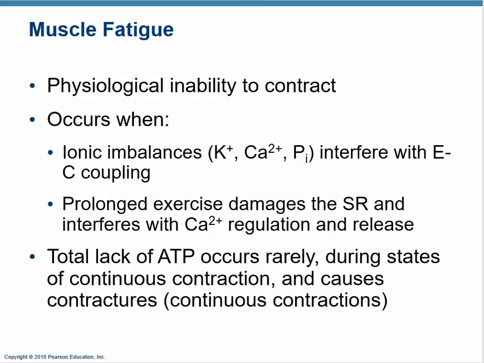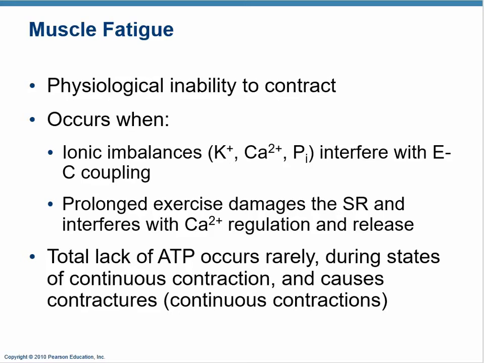So fatigue is this concept that the muscle physiologically can't contract anymore when you are not making ATP as quickly as you're using it. Now, the other thing that happens is potassium and calcium and phosphates interfere with coupling, and there's damage to the sarcoplasmic reticulum.